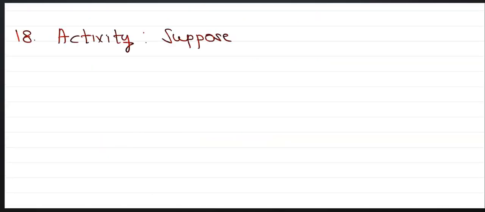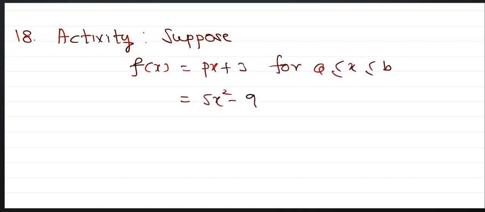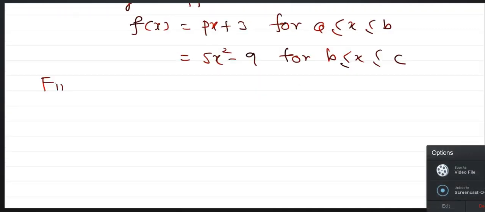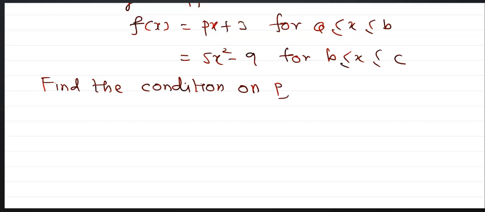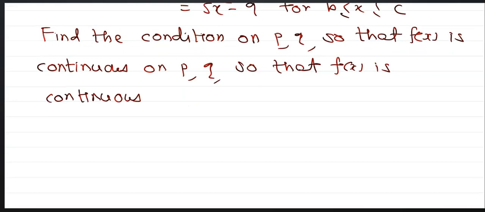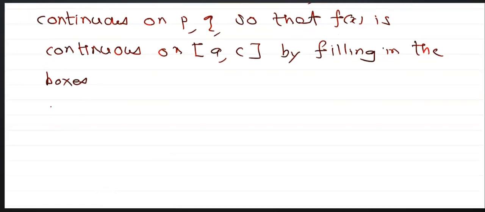That is the activity. Suppose that f of x is equal to px plus 3 for x lies between a and b, and f of x is equal to 5x square minus q, where x lies between b and c. Find the condition on p and q so that f of x is continuous on a and c, by filling in the boxes.